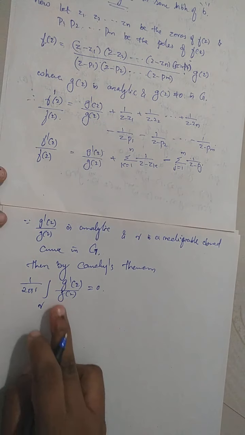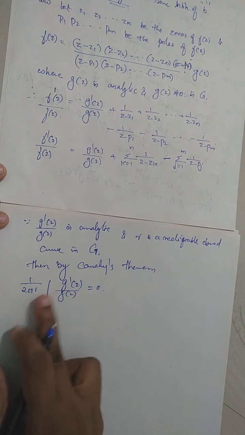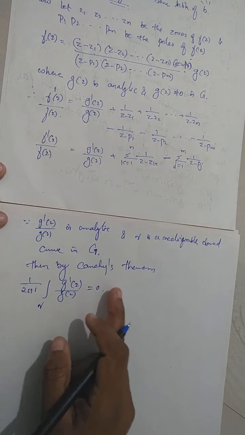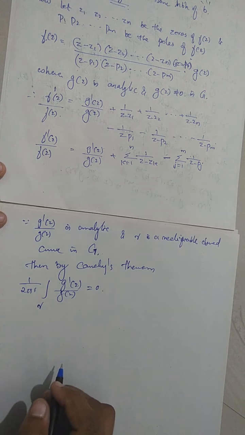Then by Cauchy's theorem, when you have an analytic function and gamma is a simple closed curve, the integral over gamma of that analytic function will be equal to 0 in an open region. Right.